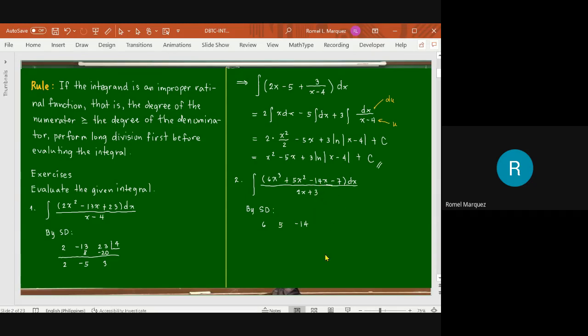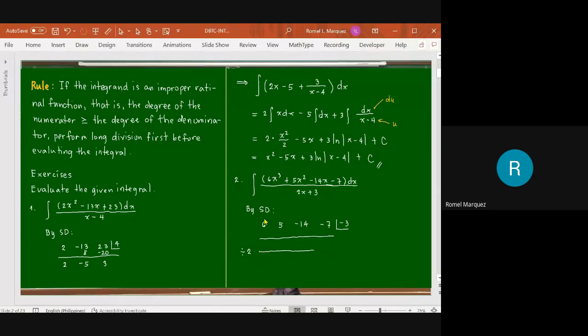In case there is a missing power, you replace it by 0. So for the constant coefficient we have negative 14, then the last one, negative 7. Our multiplier is opposite to the constant term, so that is negative 3. Is that right, guys? Then I have an additional row, so I have to divide that by 2, the coefficient of the linear term.